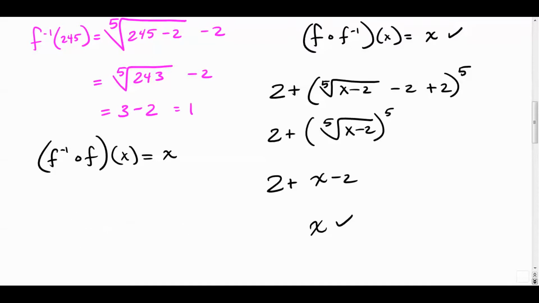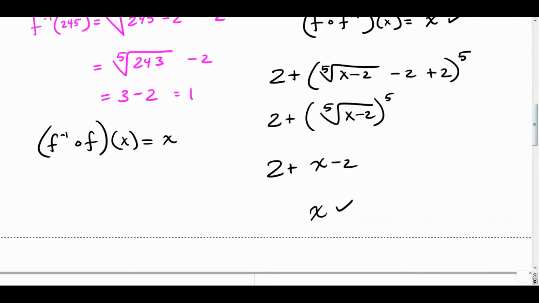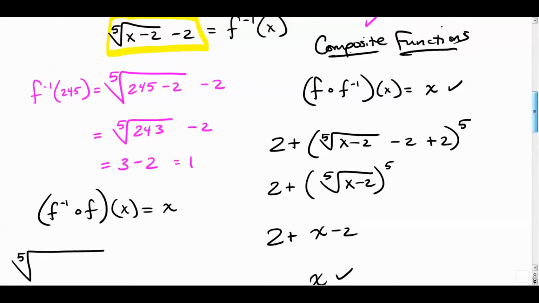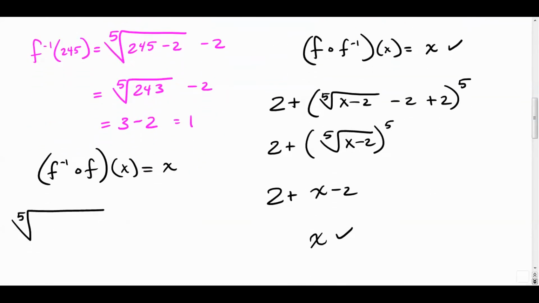Let's do the composite, or composing the other way. Let me give myself some space here. So I'm going to rewrite the inverse, and instead of putting x in there, I'm going to put the original function, which was, I'm getting mixed up now, 2 plus, there it is, 2 plus quantity x plus 2 to the 5th.